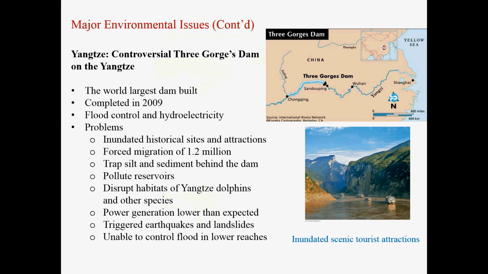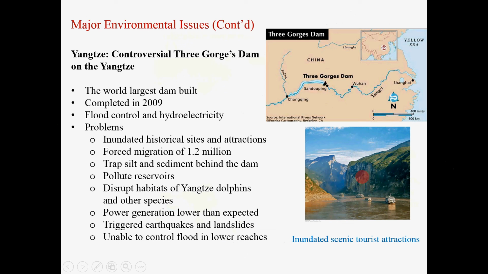The problem is that after you build a dam here, you inundate many important historical sites and tourist attractions. As you can see in this photograph, those are extremely beautiful sceneries, and those places have attracted people across China since ancient times.